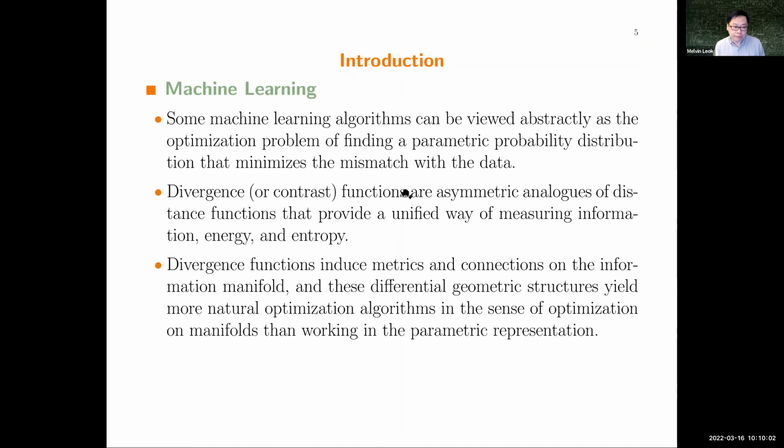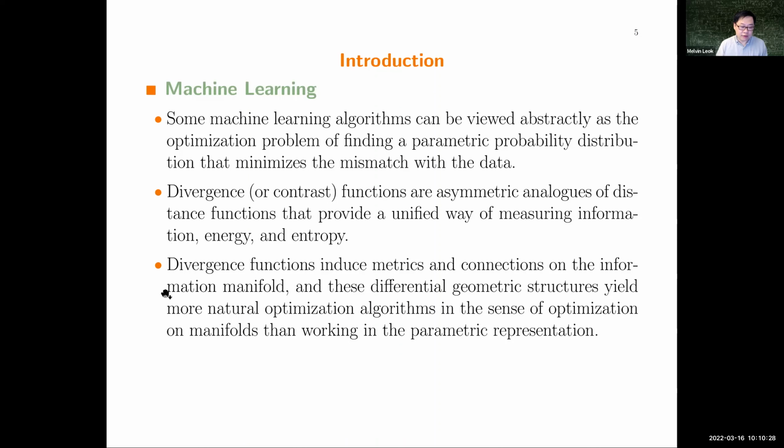In order to do that, one very natural way is to introduce this notion of divergence or contrast functions, which are asymmetric analogs of distance functions, and they provide a unified way of measuring information, energy, and entropy. So you've probably heard of things like the KL divergence, and we're going to say a little bit more about that in a little bit.